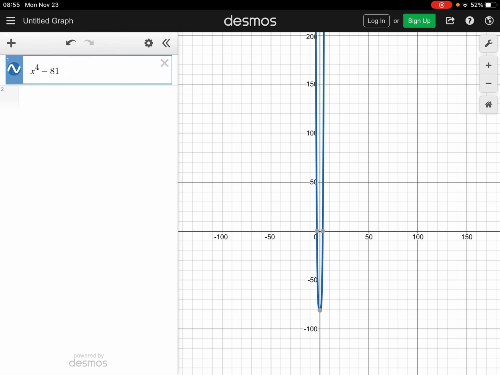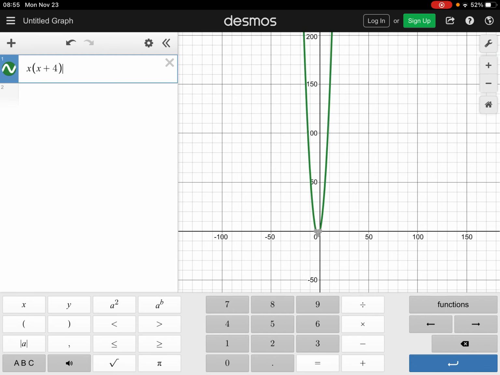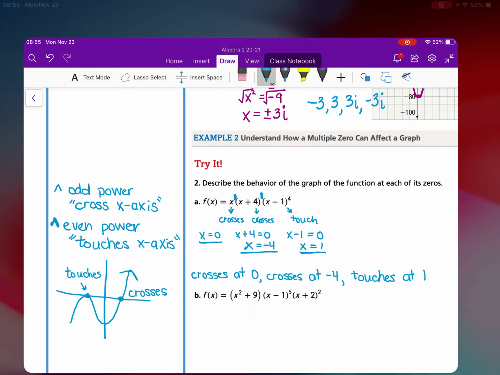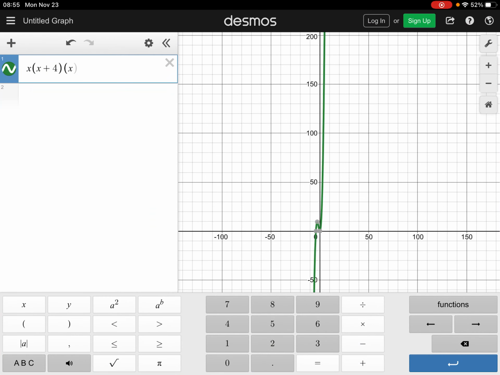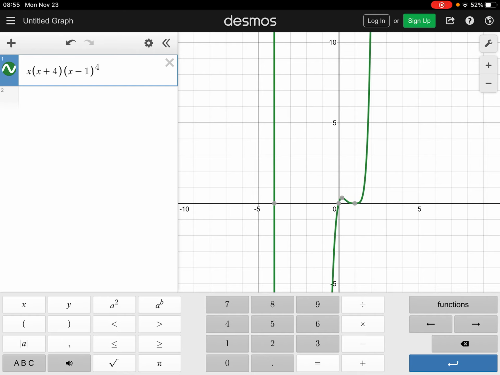on Desmos. So x times x plus 4 times x, I've already forgotten, I apologize for the back and forth here, minus 1 to the 4th. Okay, let's readjust here.